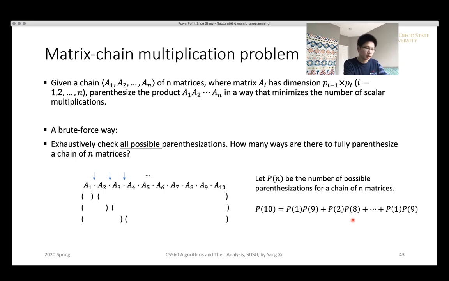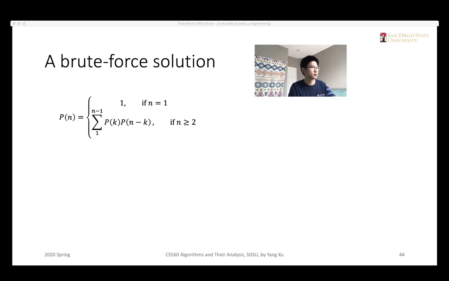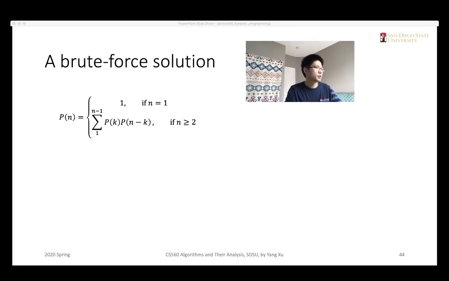Given this recursive definition, we can write the recurrence equation. When the input is n, if there's only one matrix in it, then it must be 1. And if n is greater than or equal to 2, then the problem becomes the summation of a bunch of products in the form of P of k times P of n minus k, because we are splitting the chain into two parts.